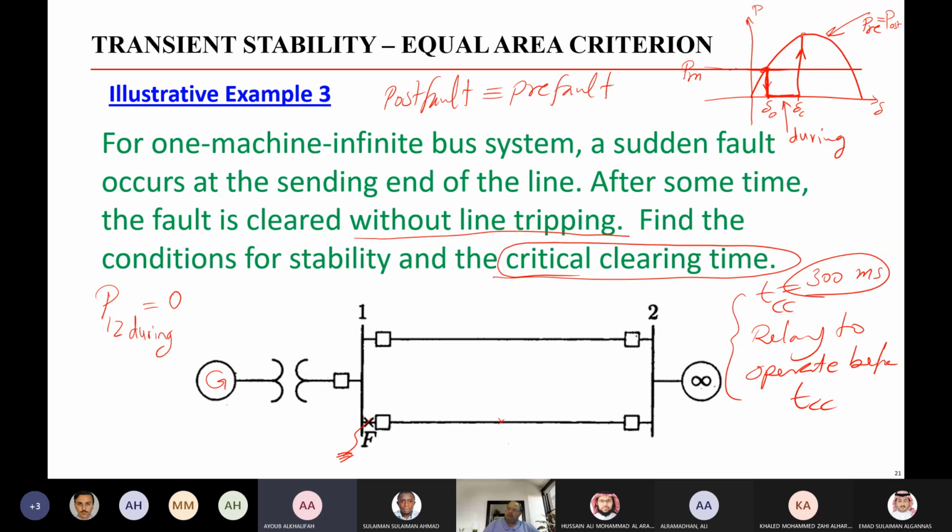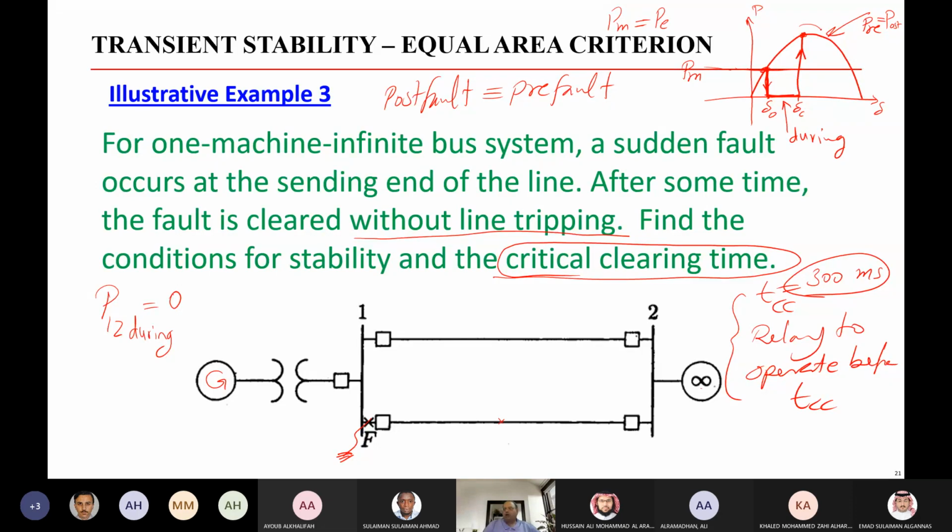But this is the electrical power, so it should be a point on the curve. Do you think it will settle here? This is not a steady state operating point, because P mechanical is not equal to P electrical. A steady state operating point means P mechanical equals P electrical. So it will not settle here.